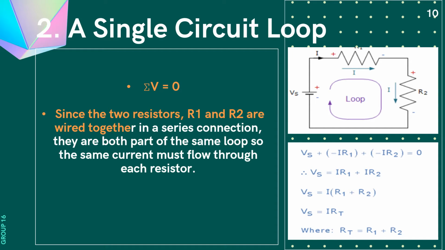Since here we have two resistors, R1 and R2, wired together in series connection, they are both part of the same loop, so the same current must flow through each resistor.